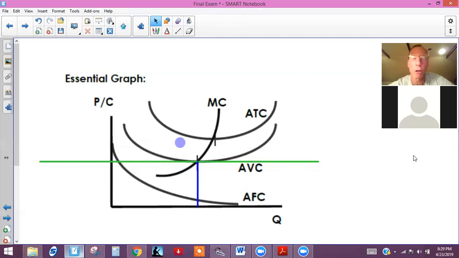No. Sorry, I don't mean to scare you, but absolutely not. That's one of the biggest differences, and we'll talk about that. But the marginal cost for a monopoly or a monopolistic competitor is always below price when they are not regulated.